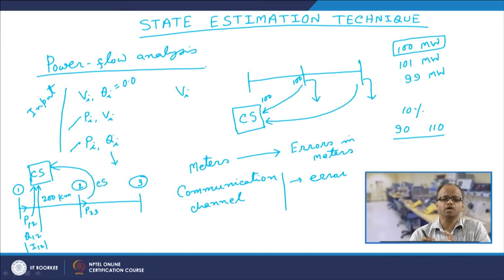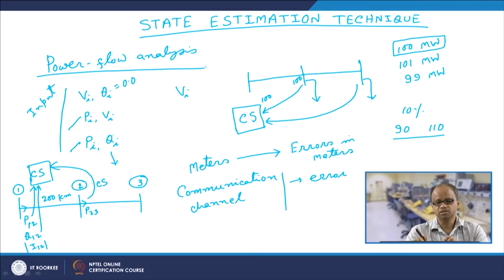Because there are now errors in the metered quantities, we would not be really able to calculate the ideal values of our unknown quantities. We can only estimate their values.